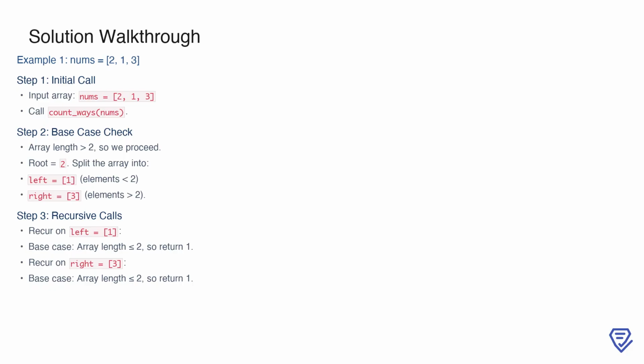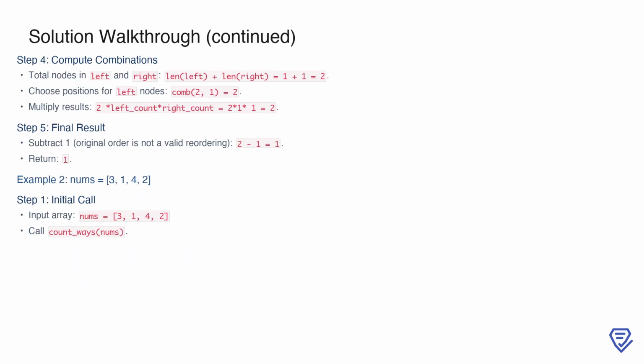Now, we recursively compute the number of reorderings for each of these subtrees. For left equals [1], since its length is less than or equal to 2, we hit the base case and return 1. Similarly, for right equals [3], the base case applies, and we return 1 as well. After completing the recursive calls, we calculate the combinations for arranging the nodes.